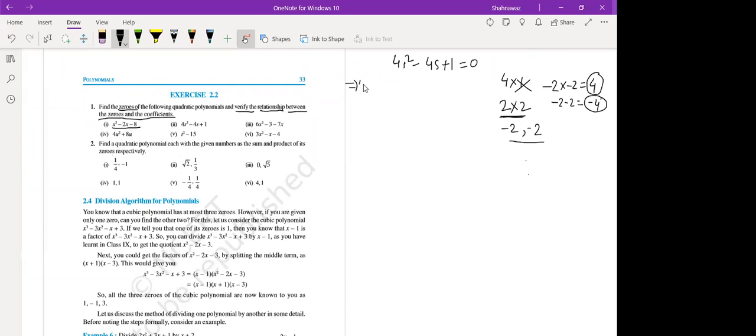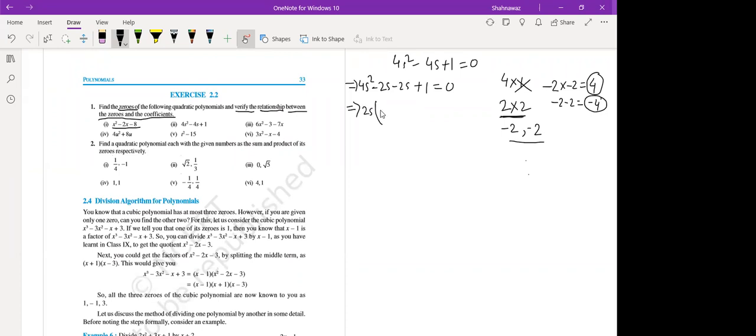So how do we split this term? This will be minus 2s and minus 2s. So let's take a common. What will be the highest common factor here? 2s.